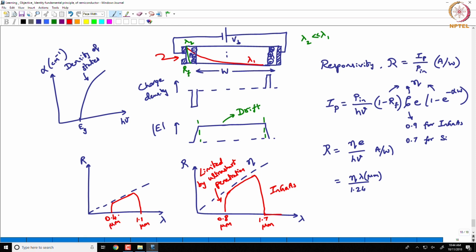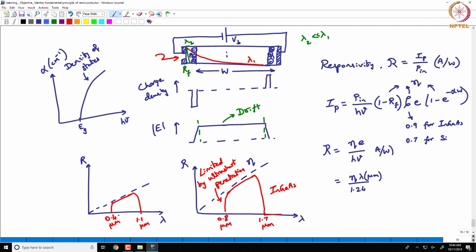Now you have something called UV enhanced silicon photodiodes in the market, and they extend the absorption to even like 0.2 microns. What they exactly do is you would have a much smaller structure to start with, right? It's a much thinner structure to start with.